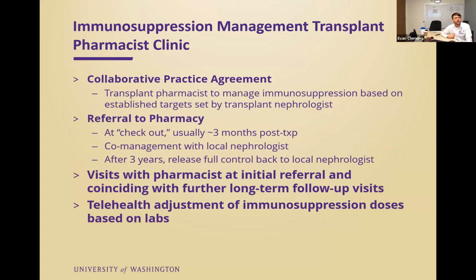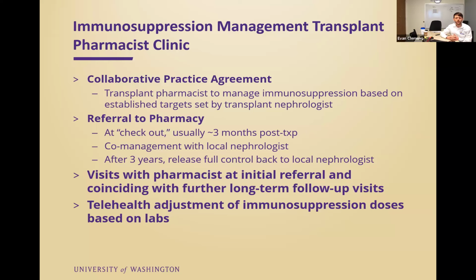So we started off by implementing a collaborative practice agreement where we actually already had one established for our regular transition to care clinic, and we just broadened that to include that the transplant pharmacist would manage immunosuppression.